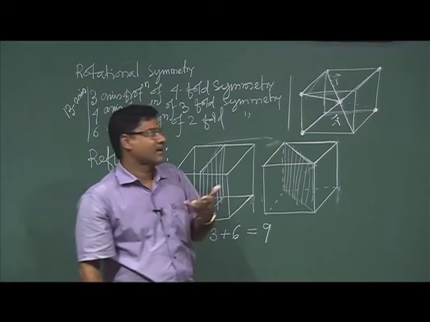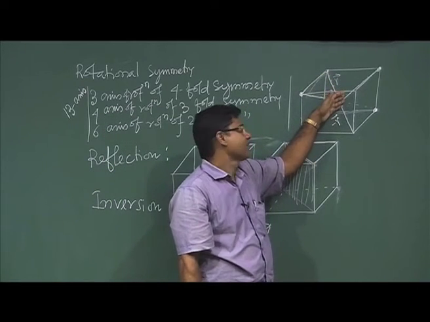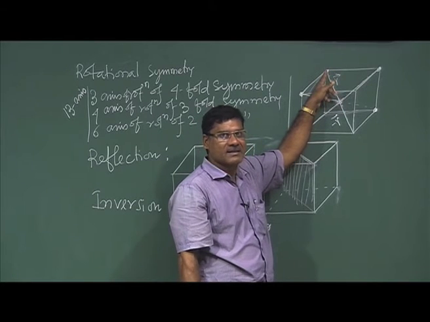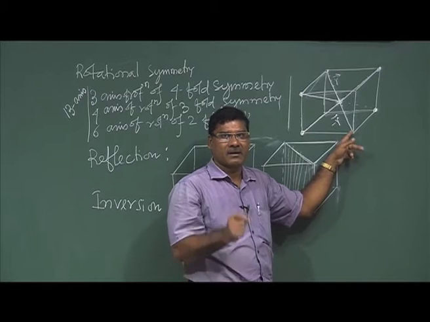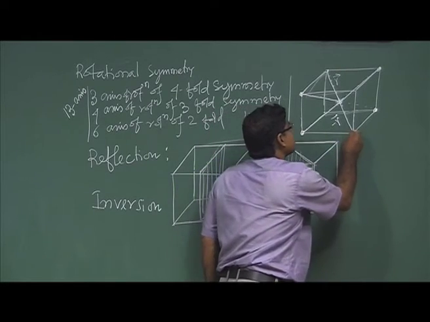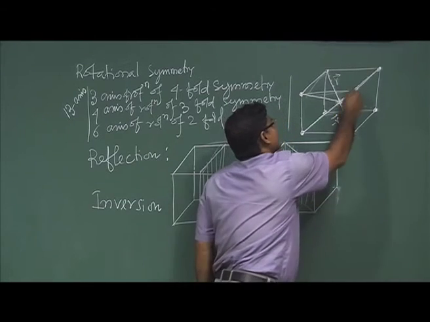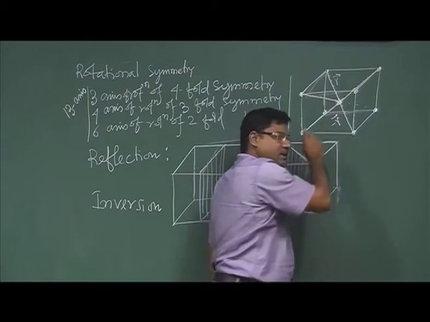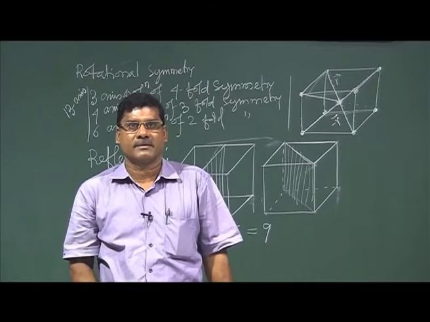Now we can easily see that when this point exists in a cubic crystal, this other point must exist. So, this is called inversion symmetry.